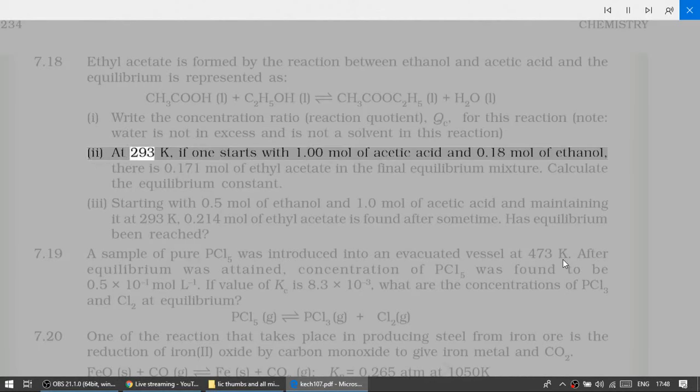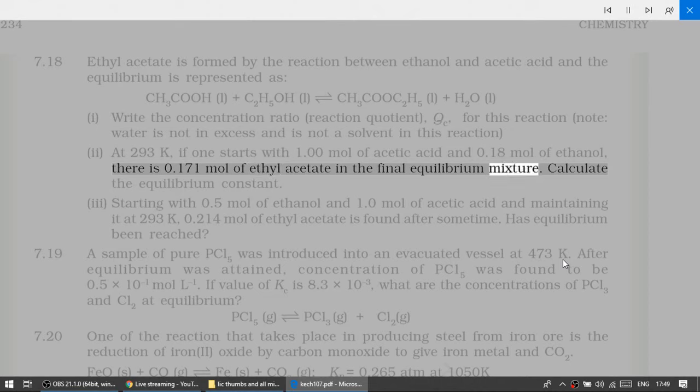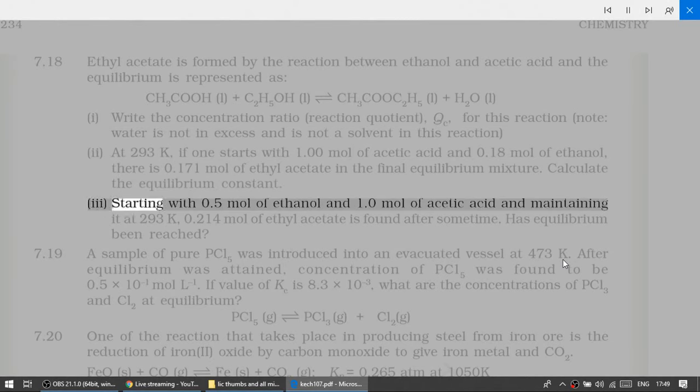2. At 293 K, if one starts with 1.00 mol of acetic acid and 0.18 mol of ethanol, there is 0.171 mol of ethyl acetate in the final equilibrium mixture. Calculate the equilibrium constant. 3.